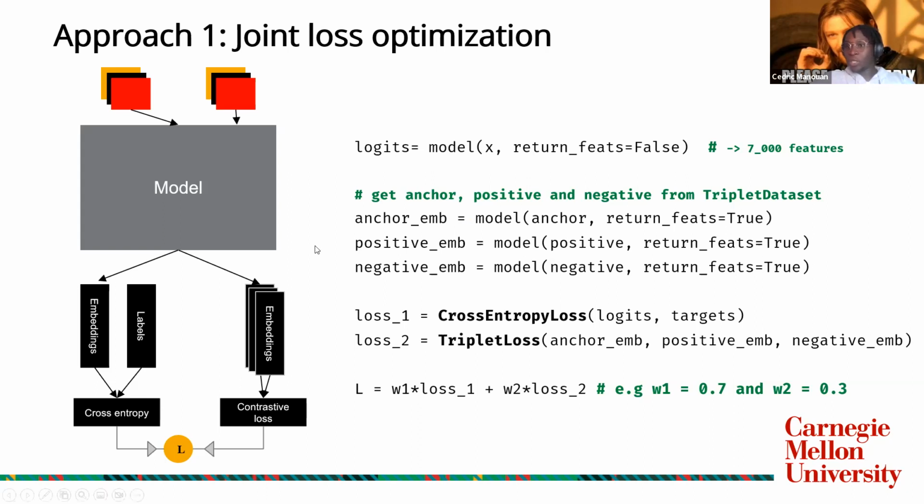Then, given those embeddings, you compute your different losses, and the final loss will be a weighted sum of those two losses. Feel free to ask if you have any question about this particular step. But this is how you build your training pipeline for the joint loss optimization.